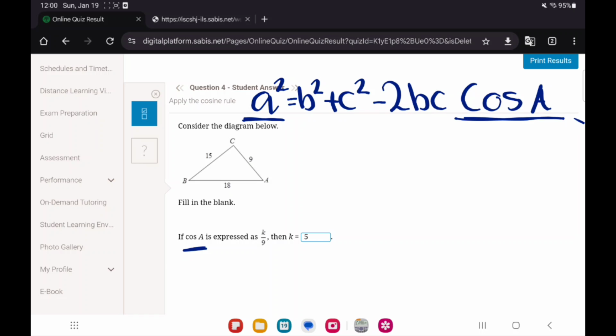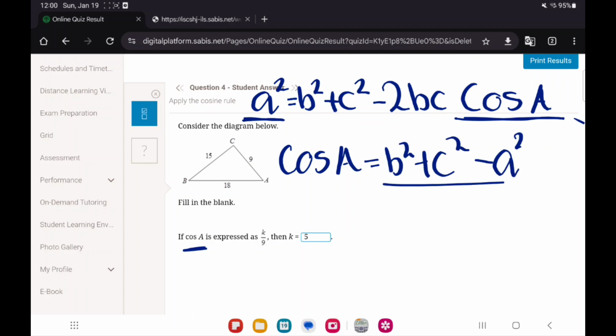For me, I'm not the strongest at that point. That's why I only memorize it. And your equation will be like cosine A equals b squared plus c squared minus a squared over 2bc.